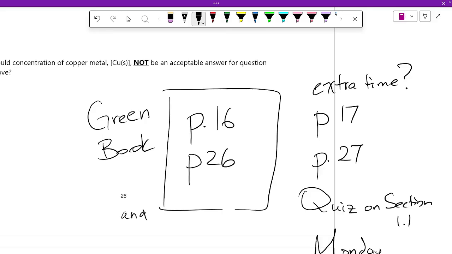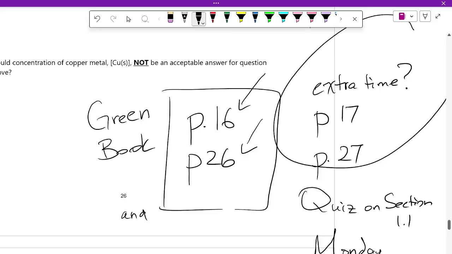Okay, so we will have a quiz on section 1.1 on Monday. So you should be doing these kinds of questions to make sure that you are good so you can ask questions tomorrow. Like I said, if you have a little extra time, do the extra questions so you feel good about it. Alrighty?